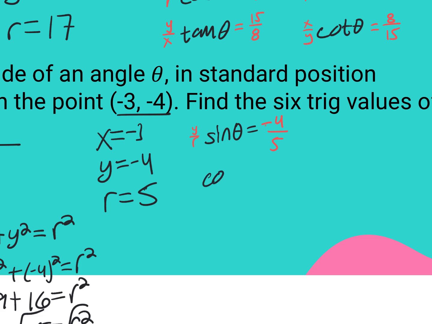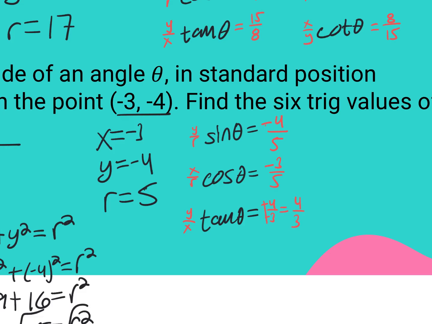Cosine is x over r, so then we know that this is -3 over 5. And then tangent is y over x, and y over x is -4 over -3. The negatives cancel out, so this is +4 over 3.